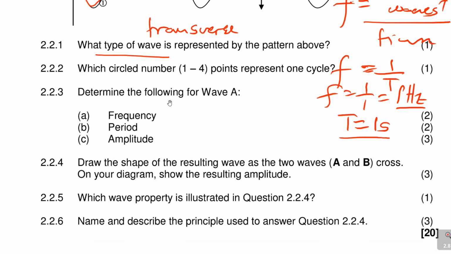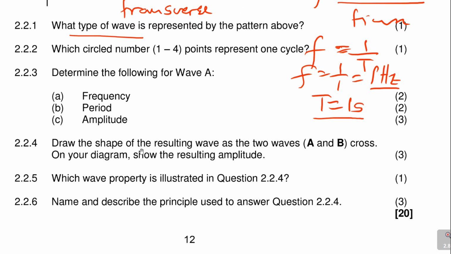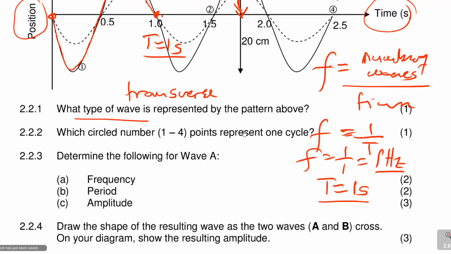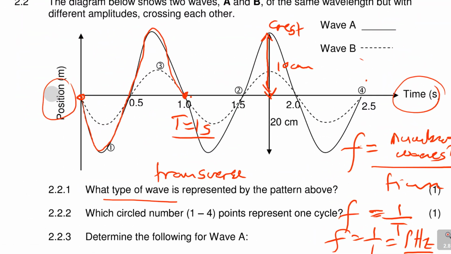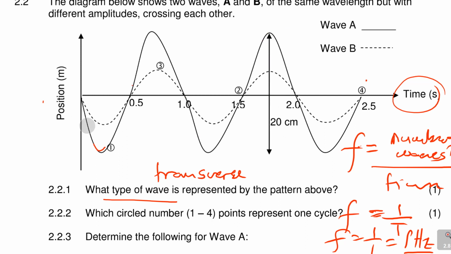Alright. Then it says draw the shape of the resulting wave as two waves A and B cross. On your diagram, show the resulting amplitude. So they want these waves. I'm not going to draw it somewhere else, I'll try to sketch it here. These waves are going to cross. As they cross like that, look what is going to happen. Remember, constructive interference: A and B crest is going to be plus, so you'll have a longer wave.